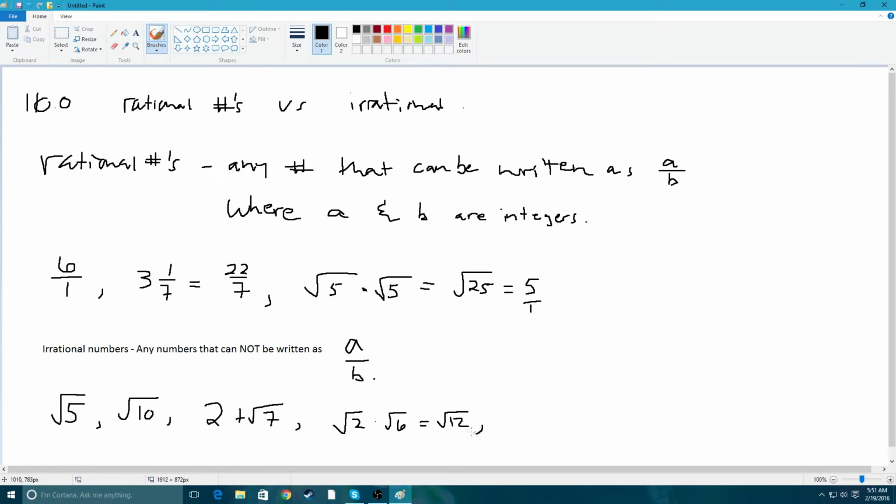So a lot of square roots will be irrational numbers. You also get irrational numbers like pi squared, and cube roots could also be irrational if they have the proper base. So that's irrational numbers.